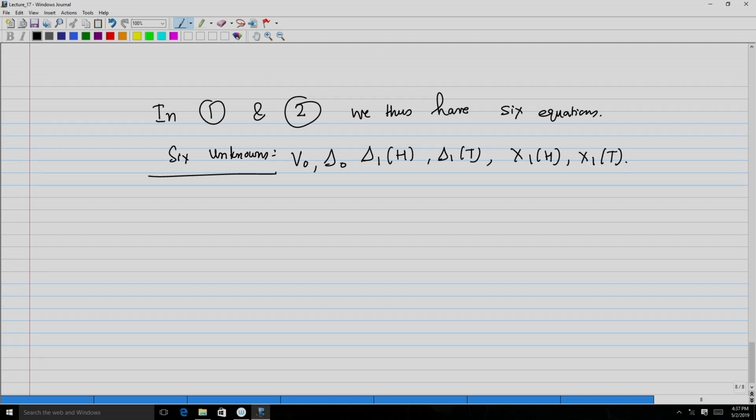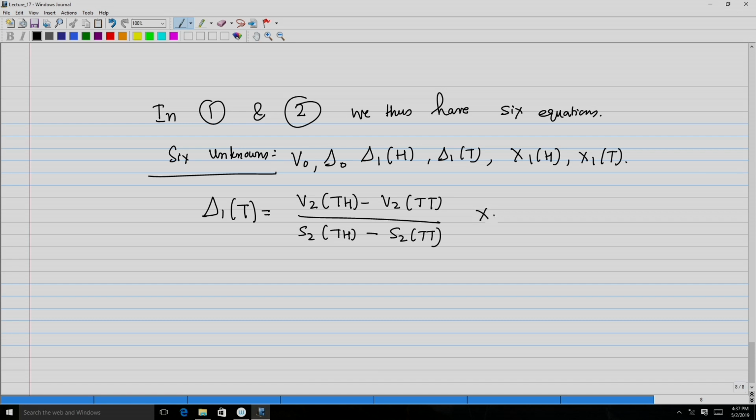Alright, so now solving this set of equations, we can actually obtain delta 1 of t to be equal to V2 of th minus V2 of tt divided by S2 of th minus S2 of tt.